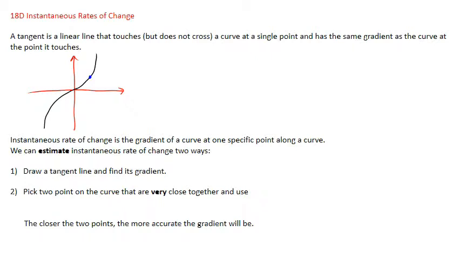So we draw it in, it's going to be roughly the same gradient, so it's going to go about this way. It's kind of hard for me to draw a straight line. Yeah, it's about there.